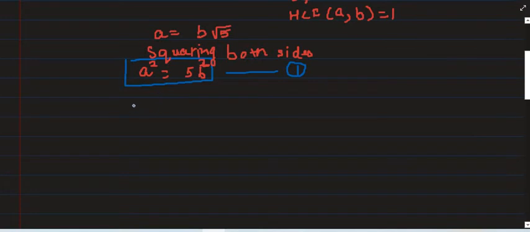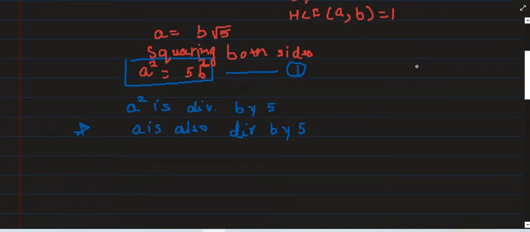Now if you observe here that a square is divisible by 5, so this implies a is also divisible by 5. If the square of any number is divisible by any other number, then the number itself is divisible by it.